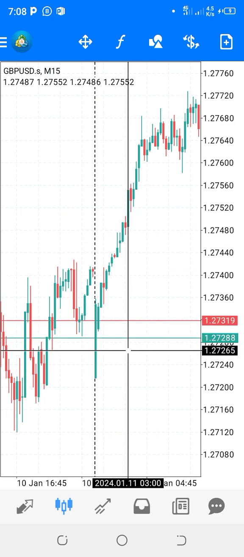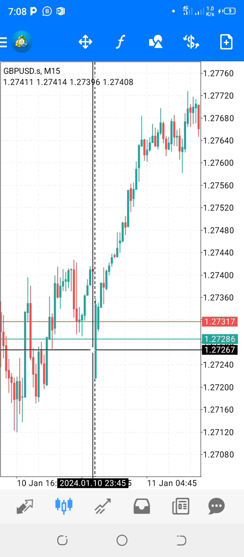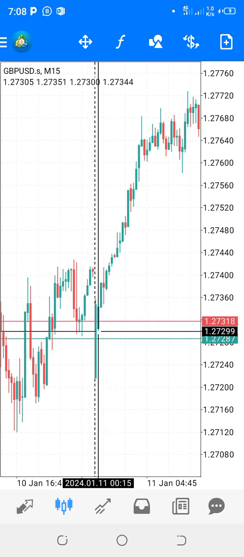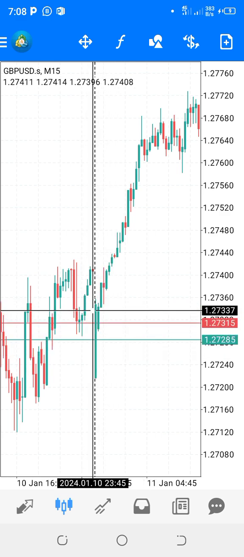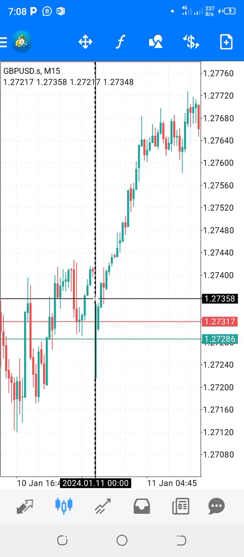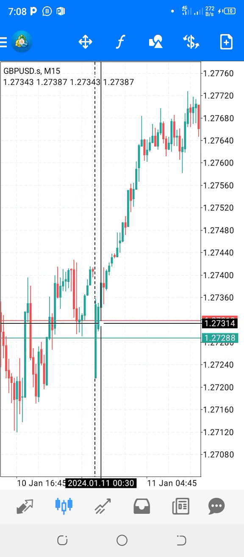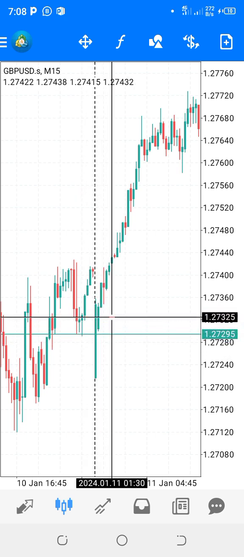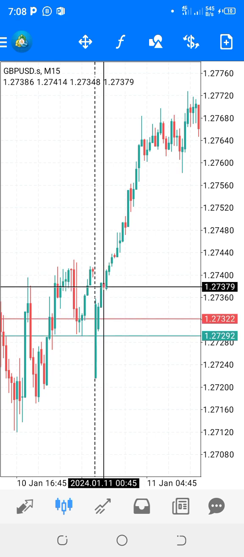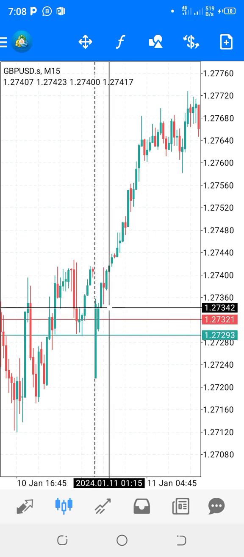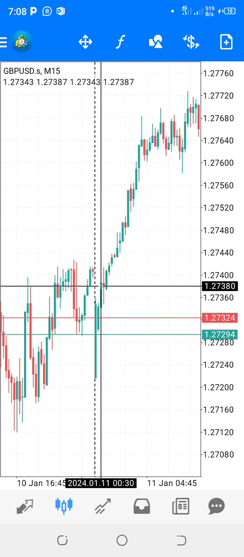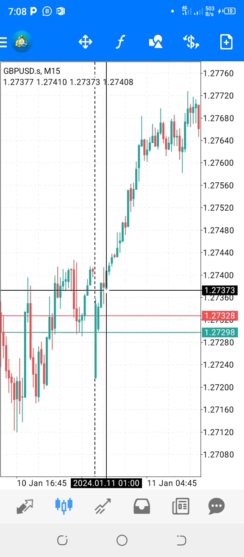So, first point, looking on 15 minutes time frame here, there is no string break structure for a buy, because a string break structure for a buy occurs only when there are bearish strings. Only when there are bearish strings.